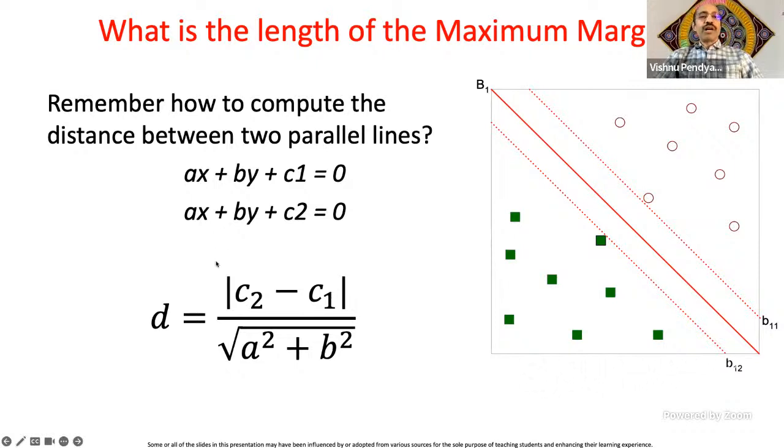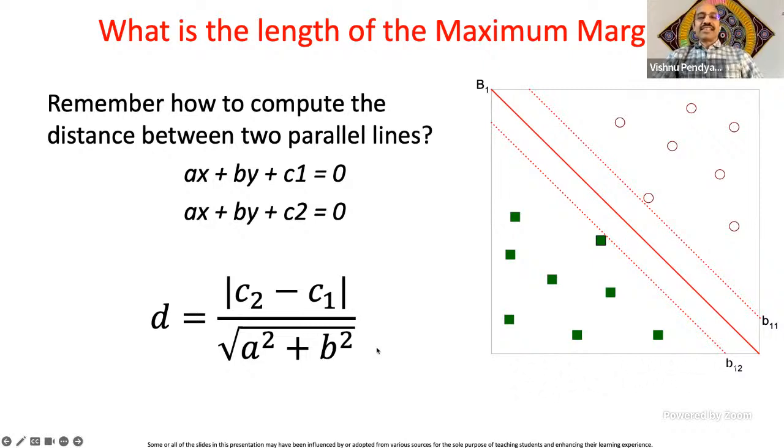Then what is the denominator? The denominator is basically the norm of the weight vector. If W1 and W2, or A and B, are the weights, the norm of the weight vector (A, B) is the square root of A square plus B square. So that's the norm.